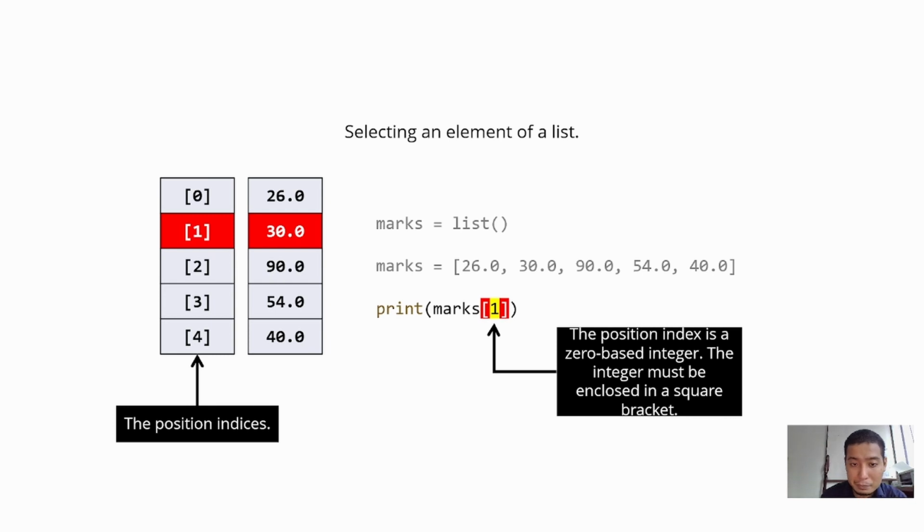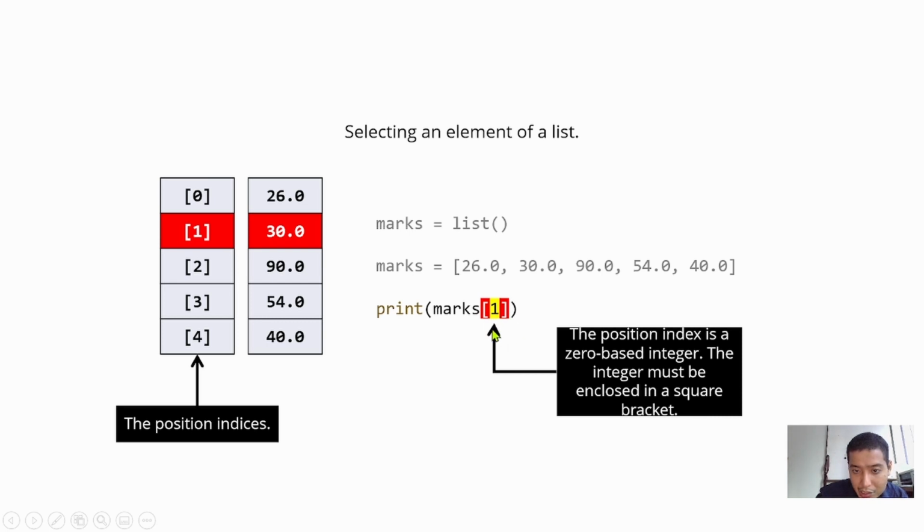So that's it. Let's say you want to access one of the values. Here I want to access this particular block. So what I do is I have my variable here, and then I use the square brackets here.